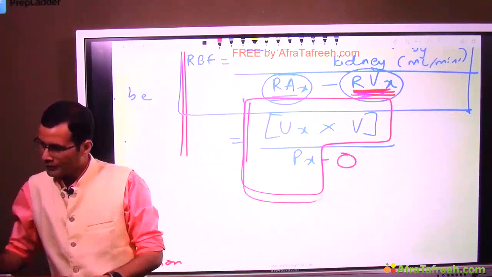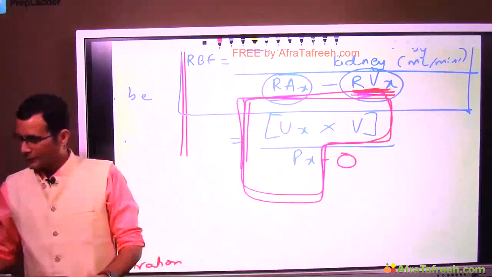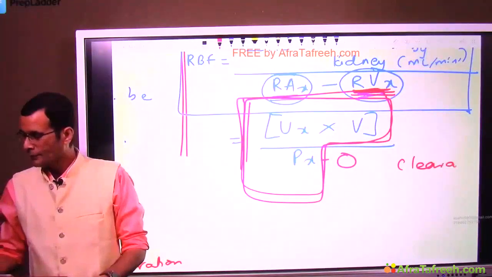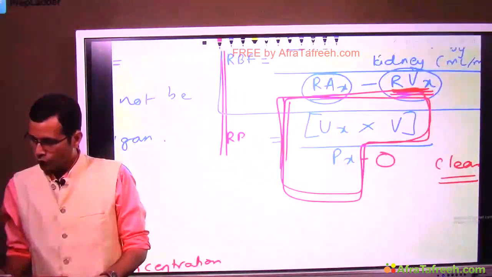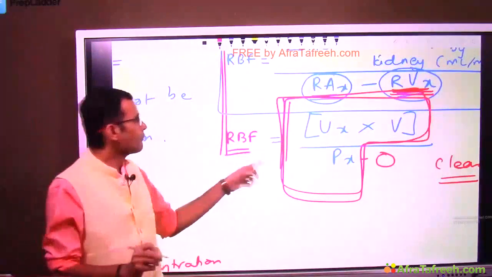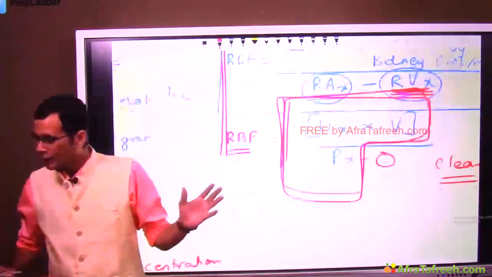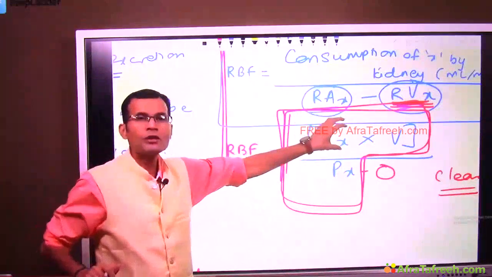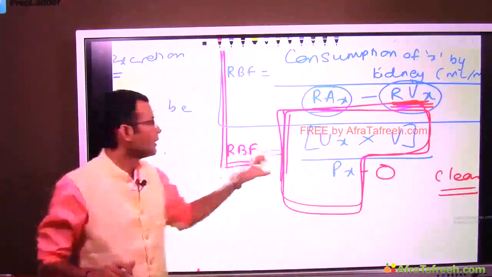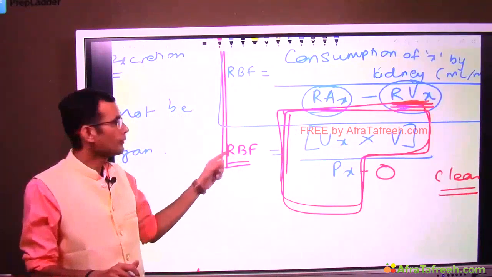UV upon P. Clearance of that substance. It has become the clearance of that substance. So, renal blood flow will be equal to clearance of that substance. Means if we know the plasma concentration of that substance and if we know the urinary excretion rate of that substance, we will know the renal blood flow and renal plasma flow, right?